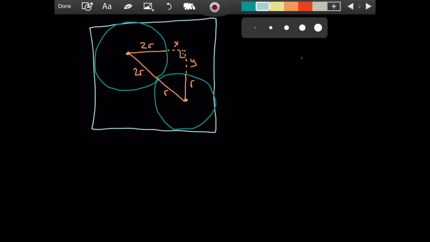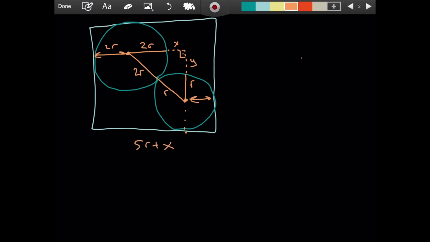It's going to be, we have another 2r here. So up to this point, it is 4r plus x. Then you have this r. So it is 5r plus x. The total length, the side length is d, and it is 5r plus x. Now for the other part, you have r here, another r, 2r plus y, and now you have 2r here.